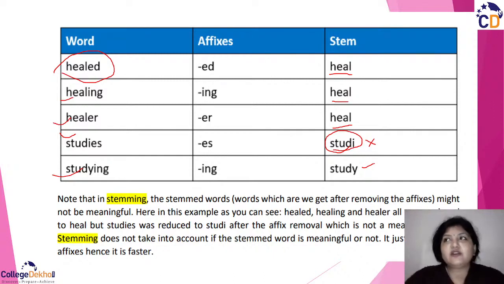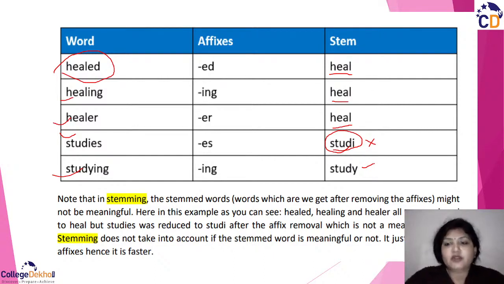So what do you understand from this process? It removes the affixes, right? But after removing the affix, whether the remaining word is meaningful or not, it doesn't matter in this case. Stemming is only the process of removing the affixes part.